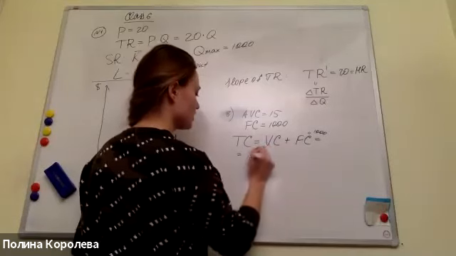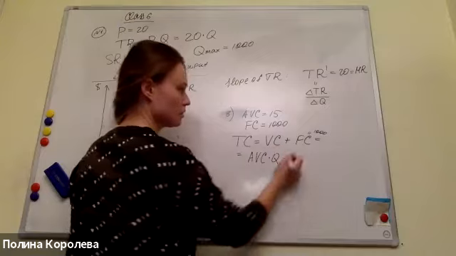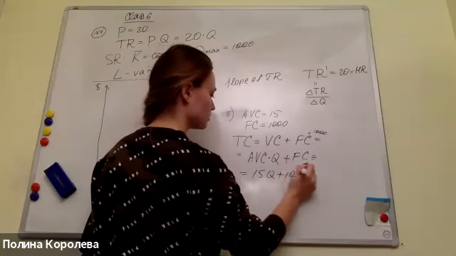We know fixed cost is 1,000, so it is going to be variable costs plus 1,000. And as we have average variable cost, our variable cost is going to be 15 multiplied by Q. So it's average variable cost multiplied by quantity. So it will be 15Q plus 1,000.